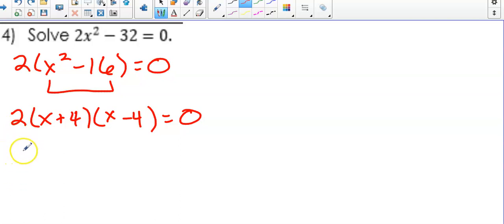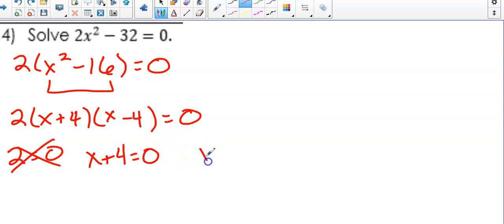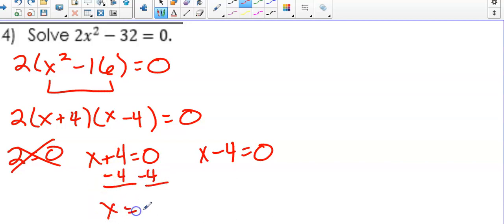So we set our factors equal to 0. 2 equals 0 doesn't matter. We can just completely ignore that part. Then we have x plus 4 equals 0, and x minus 4 equals 0. So when we solve for each of those, we get x equals negative 4, and x equals positive 4.